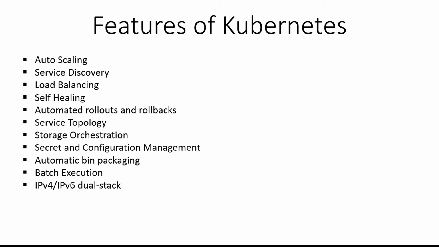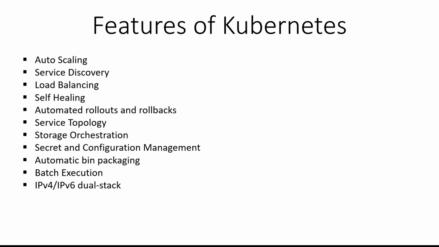Those are all configuration. So ConfigMaps is one such feature where you can store all your configs. You don't want to keep them inside your application, but externalize them in terms of properties files. Then you can maintain all the configurations inside Kubernetes.